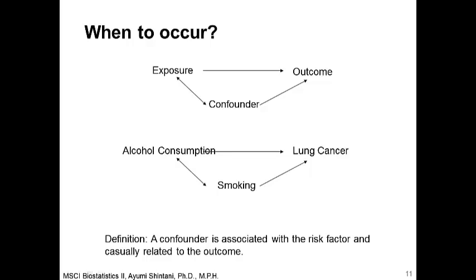Then smoking happens to have an association with alcohol consumption, because many smokers may drink and many drinkers may smoke. We don't know the directionality, but we know there is an association. So when a condition like this happens, this factor can confound the association between alcohol consumption and lung cancer.